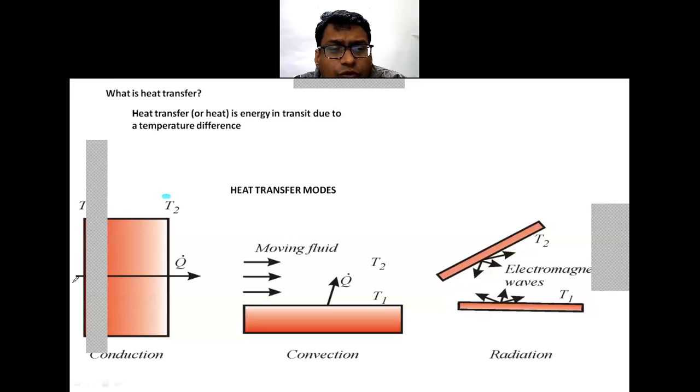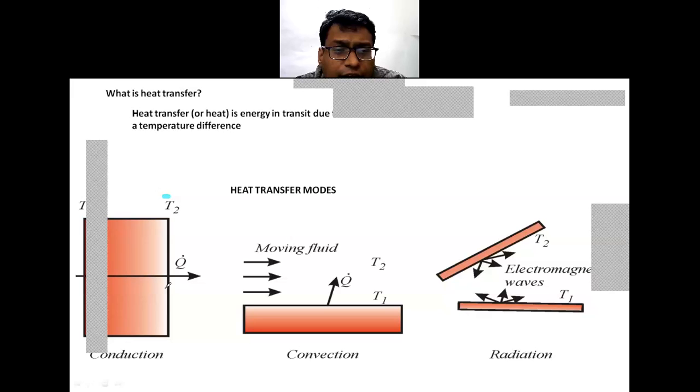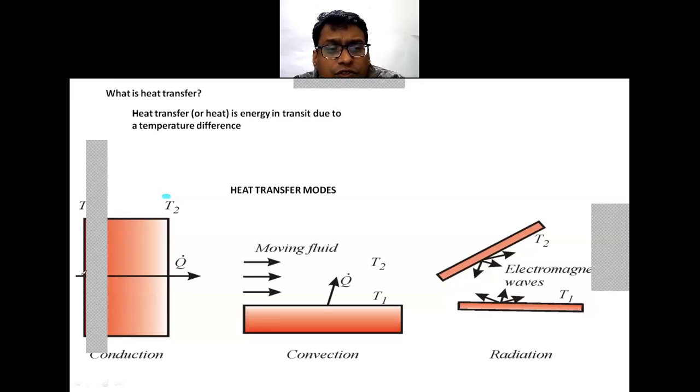So heat is flowing from T1 to T2. That is why the T1 surrounding is red and T2 is white. So heat is transferring from the higher temperature to the lower temperature. So a solid medium is required.